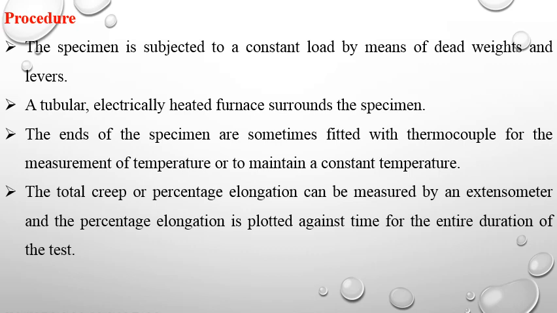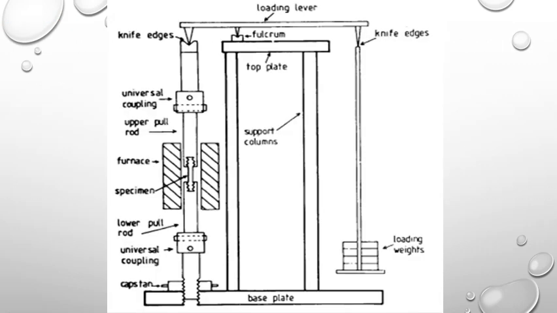The total creep elongation is measured with an extensometer, and percentage of elongation is plotted against time. In the picture, the lower pulley is moving up, and the specimen is placed in the center part of the furnace. The knife edge is loading the lever with a universal coupling, and therefore the loading lever is moving and the knife edge will be loading the weight.